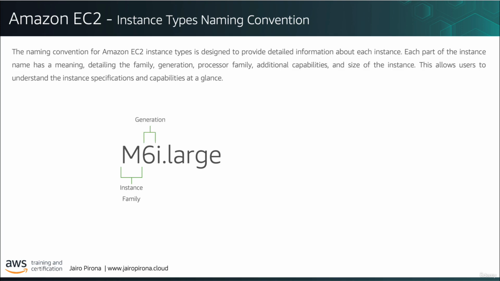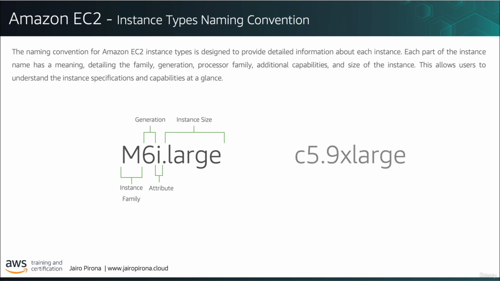The number following it, in this case 6, represents the generation, and the letter following it, in this case i, is the attribute denoting the additional capability. The instance type M6i.large has an Intel processor, and that is represented by the attribute i. The word large represents the size of the instance. In this case, it provides 2 vCPUs and 8 GB of RAM.